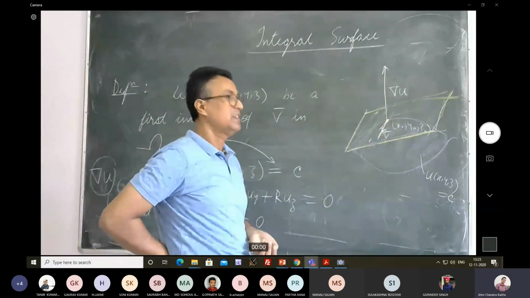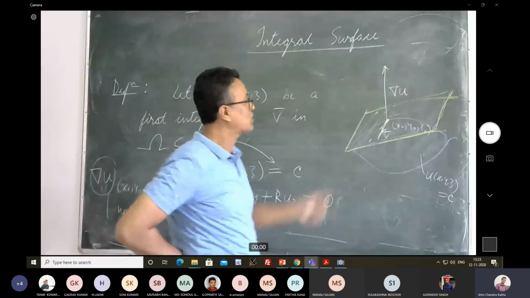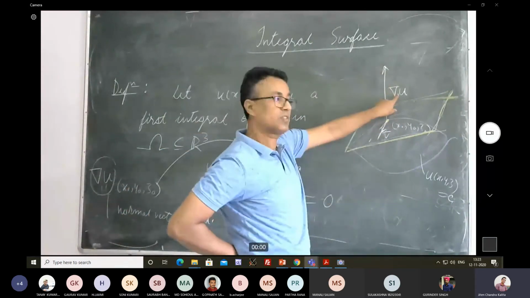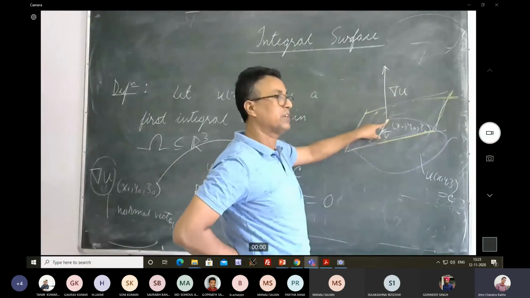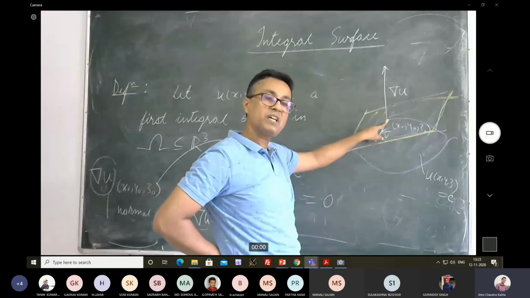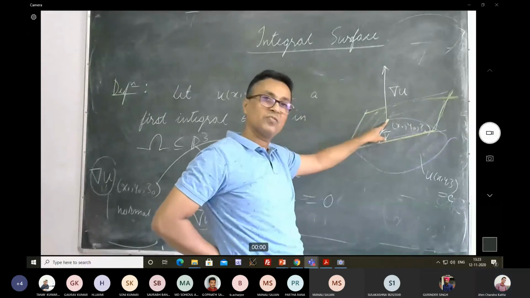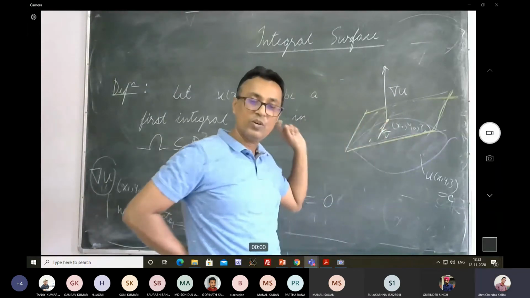If any vector v has to be perpendicular to this gradient vector, which is normal, it must lie on the tangent plane. So that means v must be a tangent vector. Is it clear now? Okay.